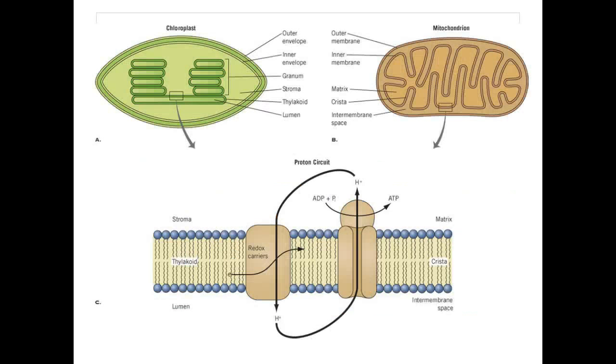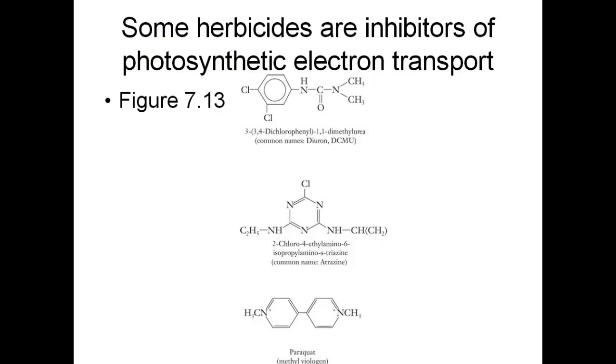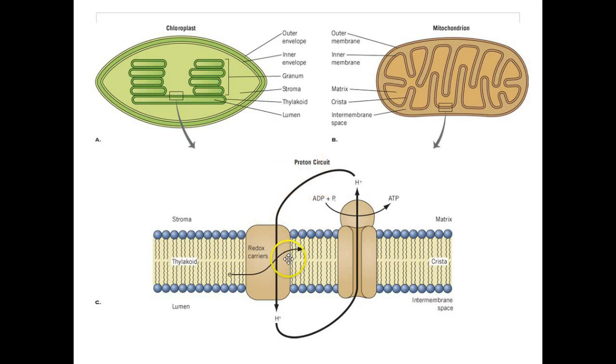Now, we finished up talking about the herbicides, and we finished up with the fact that both the chloroplasts and the mitochondria have this same way of producing ATP.